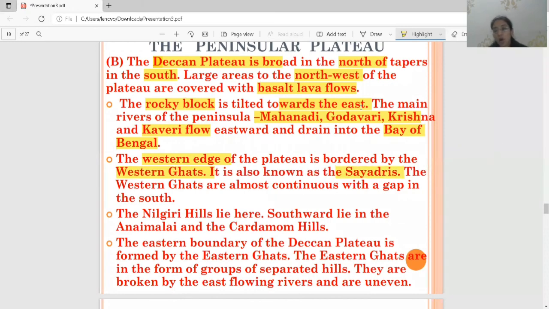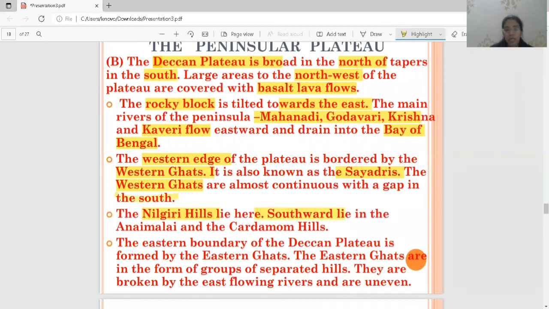If I talk about the western part, the western edge consists of your Western Ghats. It is known as Sayadris, and the Western Ghats continue with a gap in the south. If I talk about the Nilgiri Hills, they lie here.